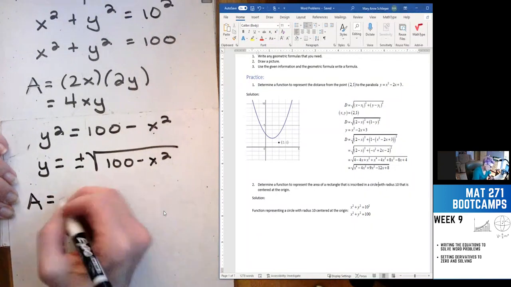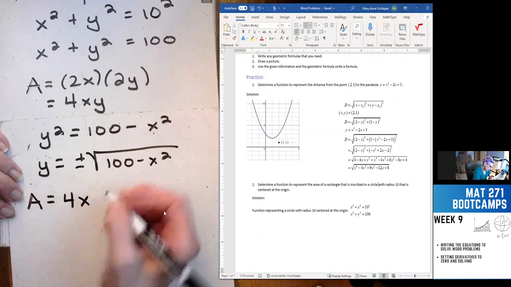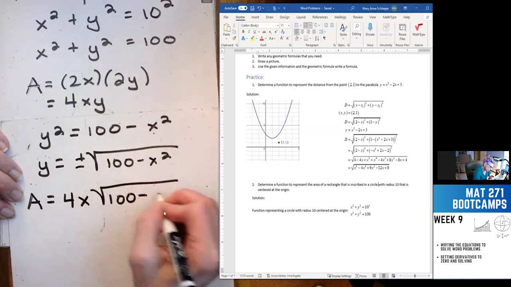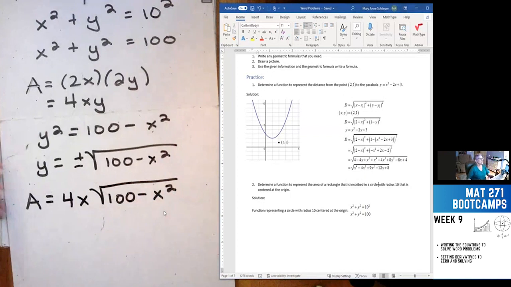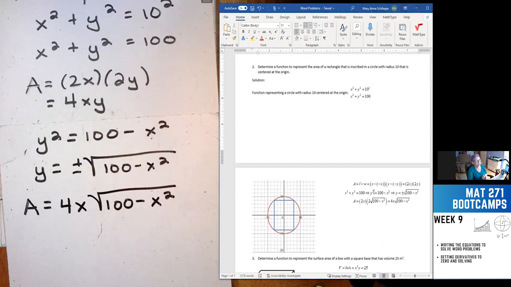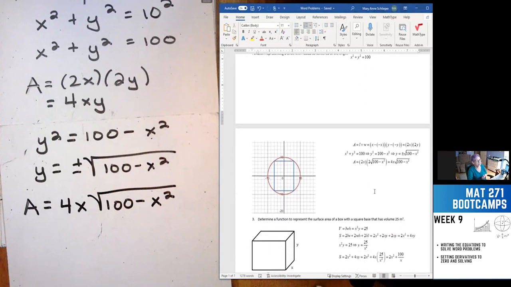So area is equal to 4x times the square root of 100 minus x squared. Easy enough. There's the pretty picture.